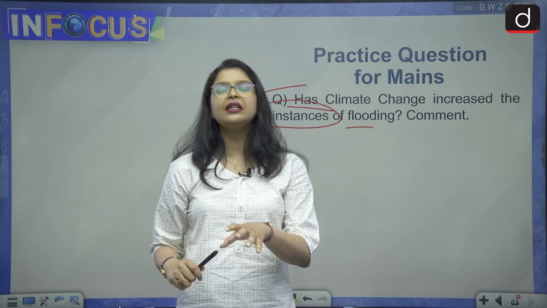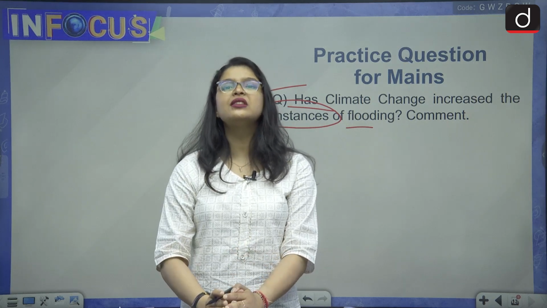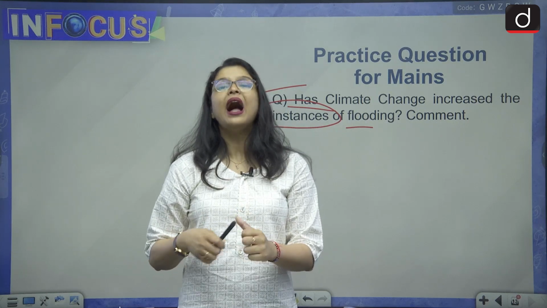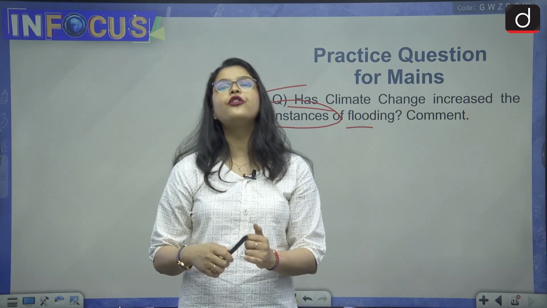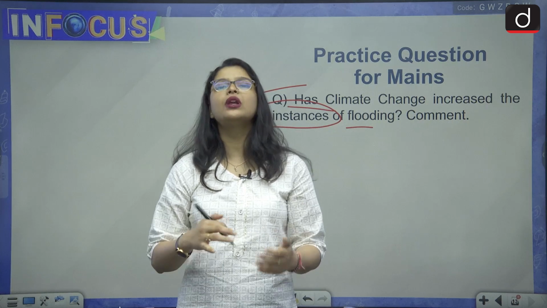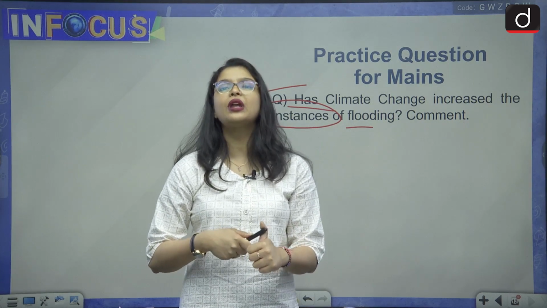Secondly, in the body you can write what is happening due to climate change. The sea surface temperature is rising, our glaciers are melting, ice sheets are melting, and hence due to the melting of glaciers and ice sheets, we are witnessing more and more glacial lake floods. We are witnessing more and more floods.